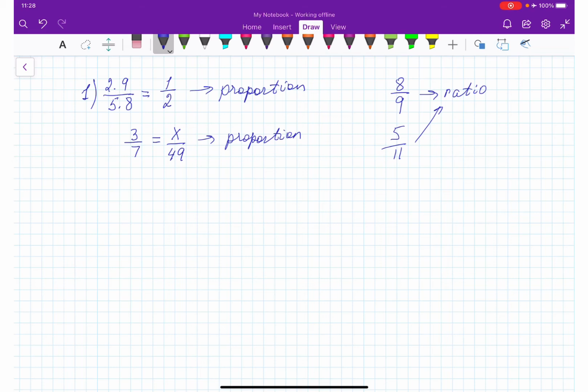So if I have 5 over 15, I can simplify, right? It's going to be equal to 1 over 3. Now, I simplified this. Don't get confused. This one is given like that. 2.9 is related to 5.8 exactly the same way as 1 is related to 2.